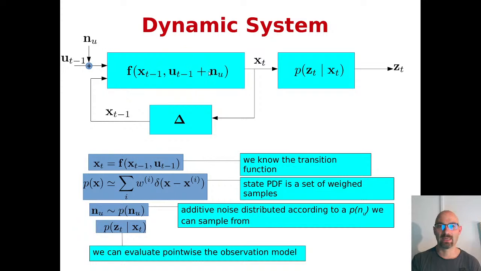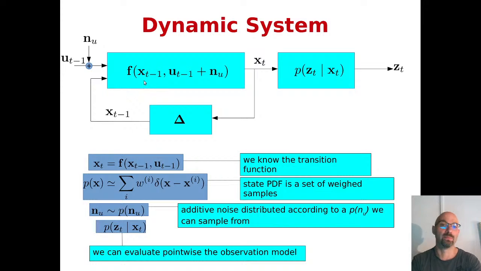this is the usual dynamic system to which we add, let's say, additive noise, just because. Well, I have my funky additive noise, I have my observation model that shoots out observations, and I have my transition function of xt minus 1.